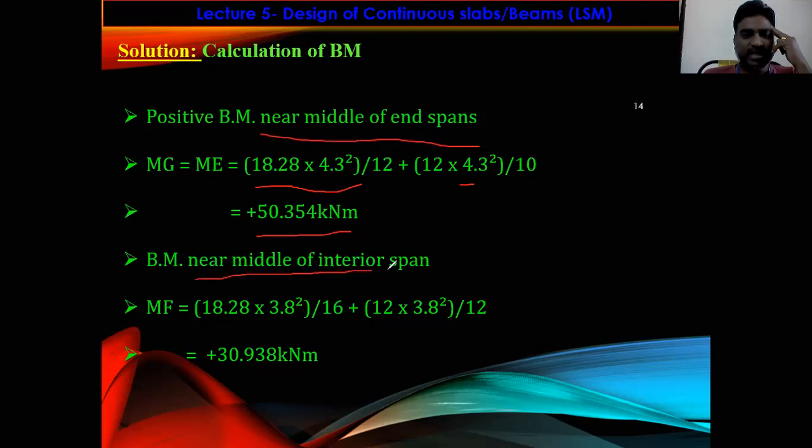Near the middle of interior span, the span is 3.8 meters, so 18.28 × 3.8² / 16 plus 12 × 3.8² / 12 gives 30.938 kNm. Out of which the maximum is near the middle of end span, 50.354 kNm. That is the maximum positive bending moment.